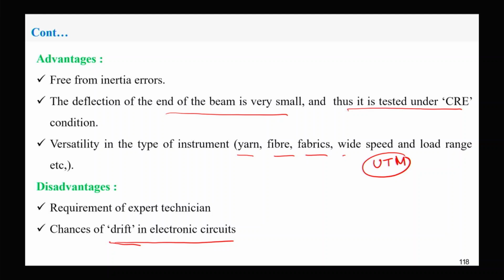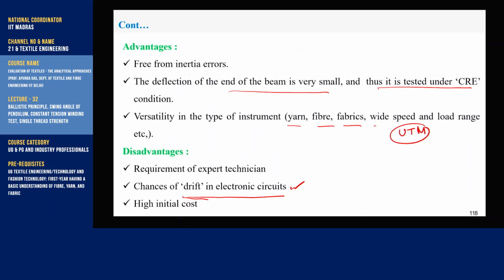That may result in wrong readings. So frequent calibration is required, at regular intervals. Cost will be high.